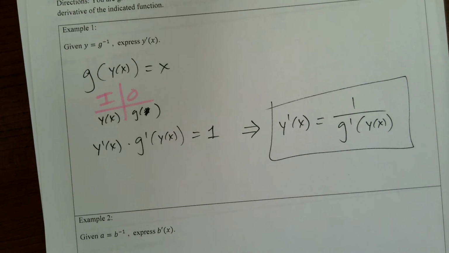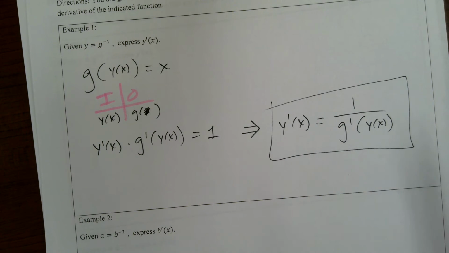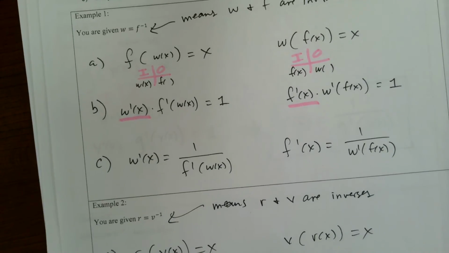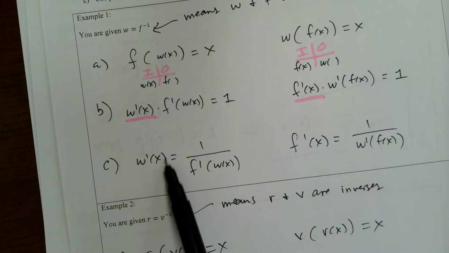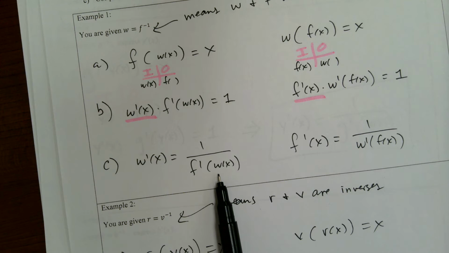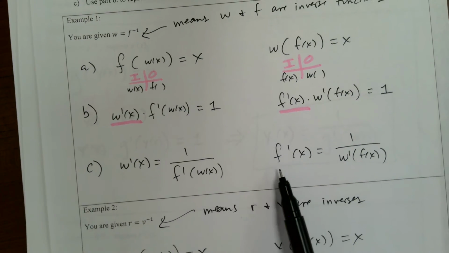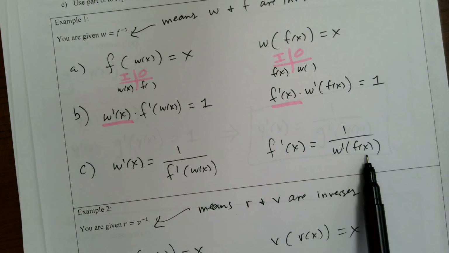Now, let's try to notice the pattern. y and g are inverses, and the same pattern would hold if you go back here. So actually, let's start here. To get w prime, it's 1 over f prime of w. To get f prime, it's 1 over w prime of f.